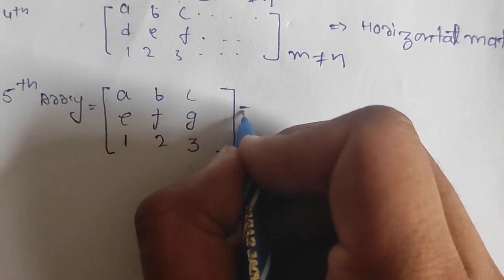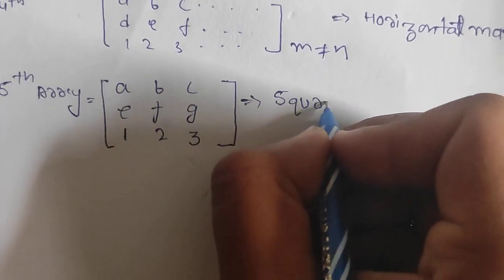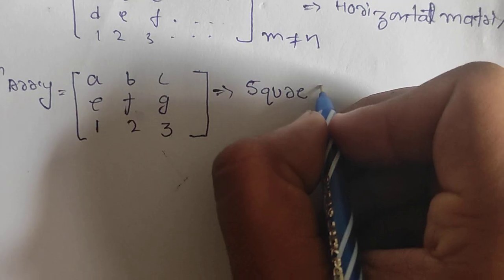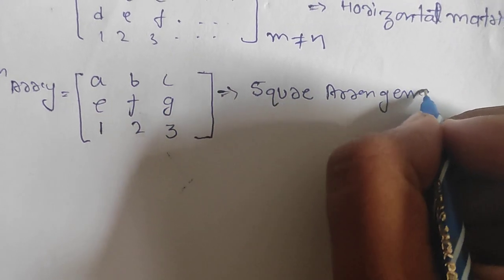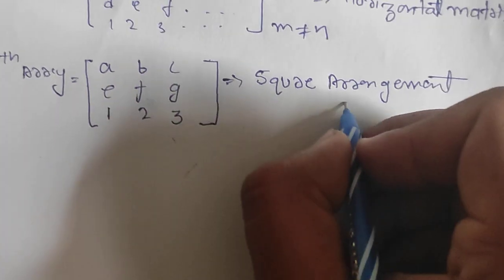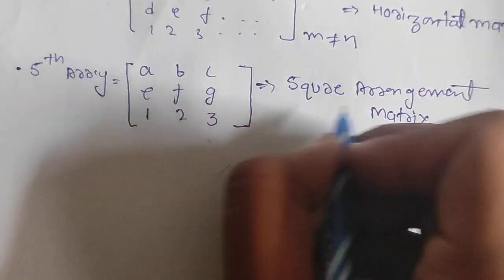This looks like a square arrangement, so we call it a square matrix.